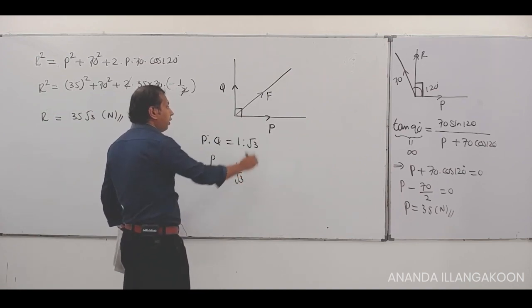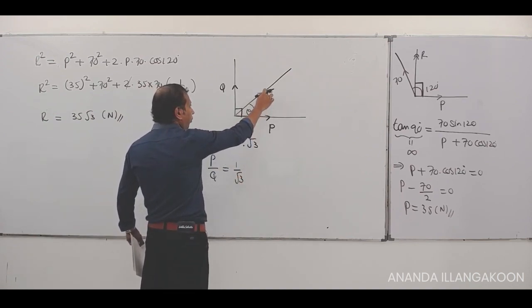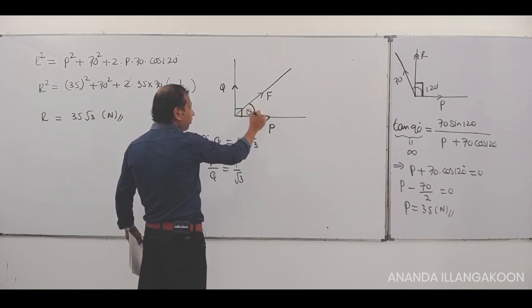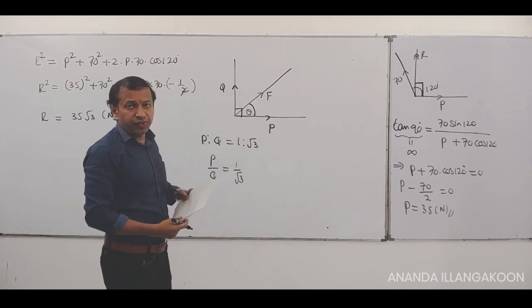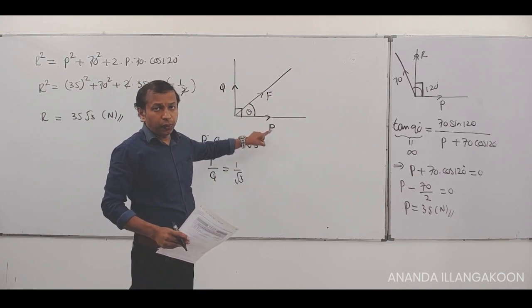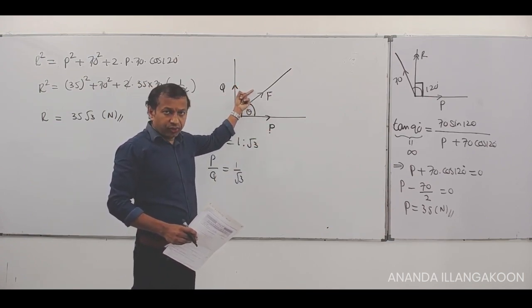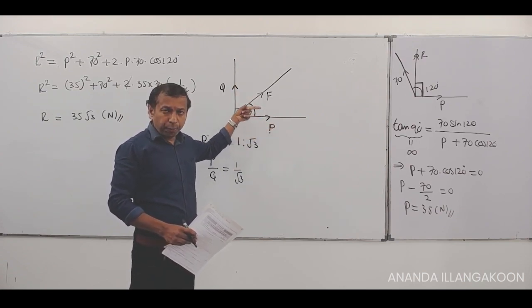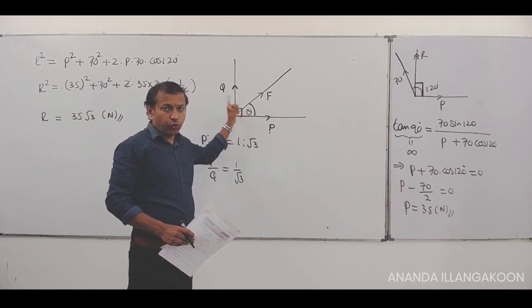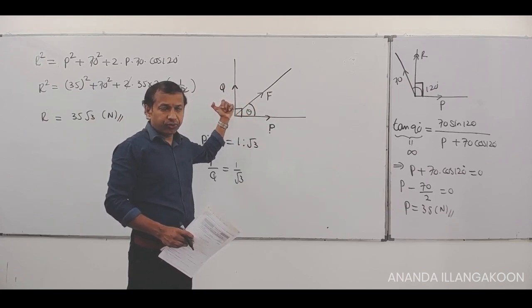Now, if I take the angle between F and P as theta, F is the resultant force of this P and Q. Correct, no? F is a single force given. We resolved that horizontally, P, and perpendicular to horizontal, Q. Therefore, these P and Q are the resolved parts, or the components.